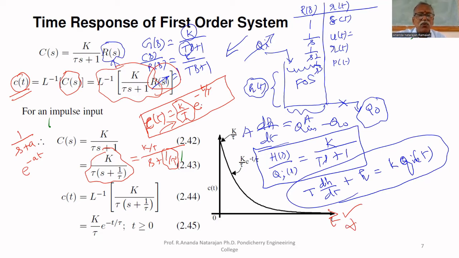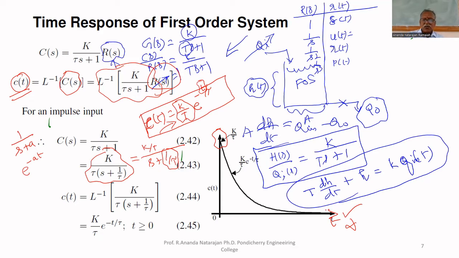When t equal to 0, what do you get? e power minus t by tau is e power 0, which is 1, so you get K by tau. When t equal to 0, the magnitude is K upon tau. If you give an impulse input, the magnitude becomes K by tau. If you substitute t equal to infinity, e power minus infinity equals 0.